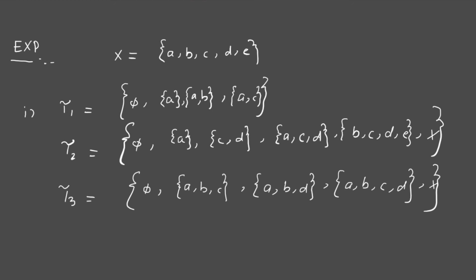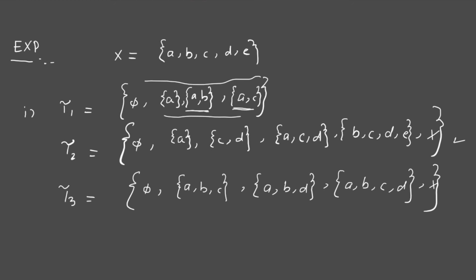Tau1 is not a topology on X because AB and AC belong to tau1. When we take the union of AB and AC, our answer is ABC, and ABC does not exist in this collection, so tau1 is not a topology. Tau2 is a topology because all 3 axioms are satisfied here. When we take the union, you will find the answer in tau2.